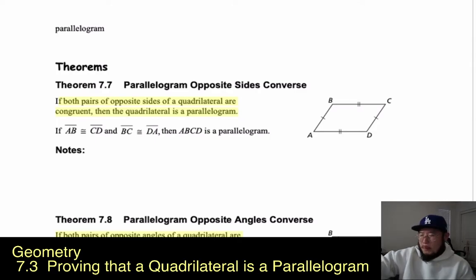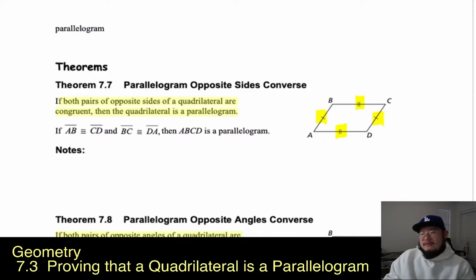So if we know that AB is congruent to CD, and BC right here is also congruent to AD, then we realize that we have a parallelogram. So if opposite sides are congruent, we have a parallelogram based off of the parallelogram opposite sides converse.